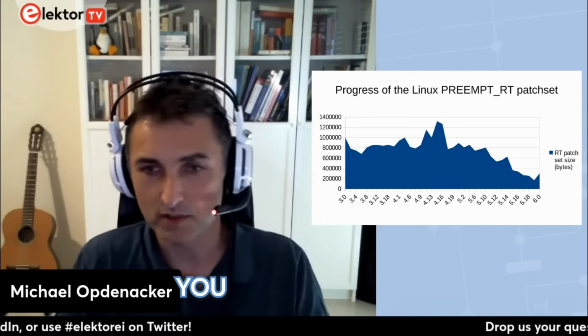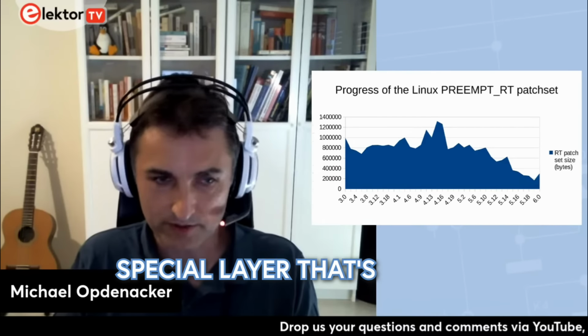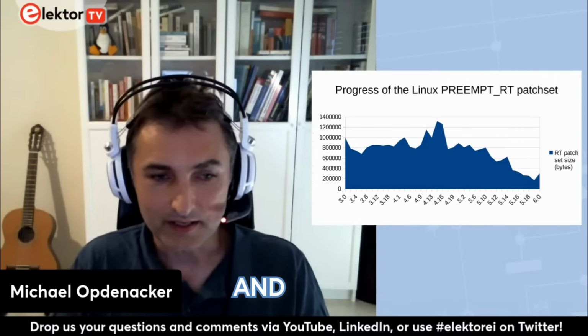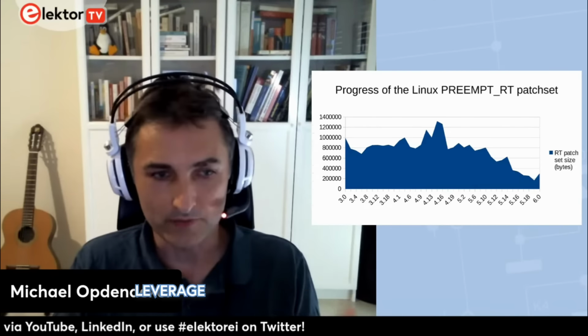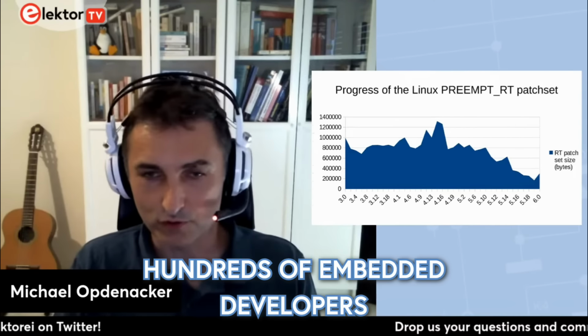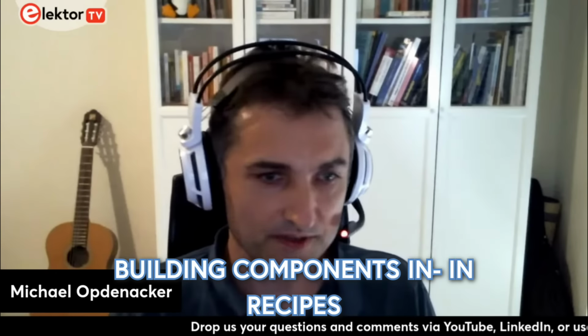For example, as I said, you can build the entire file system with Clang just by adding a special layer called meta-clang. So that's impressive. And yeah, you can tweak really everything and leverage the prior work of hundreds of embedded developers who have put their knowledge about building components in recipes. So lots of components are available.